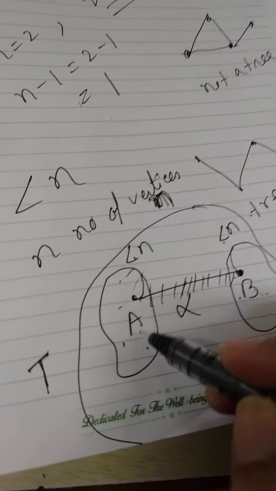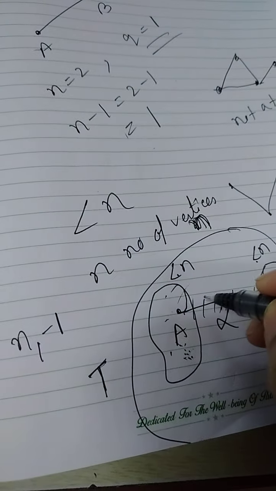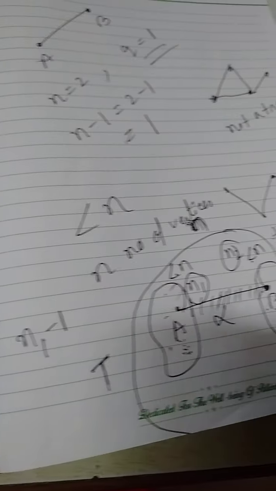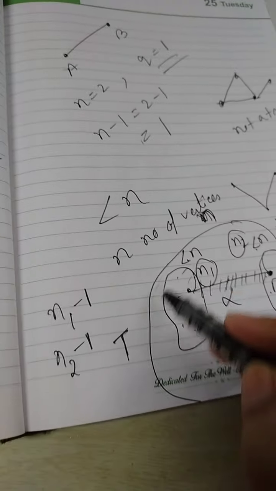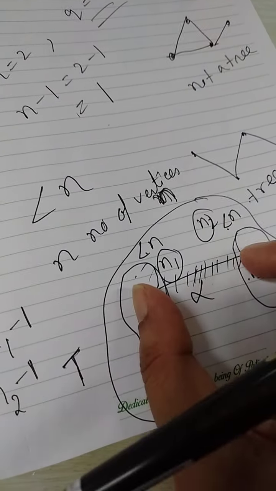So the number of edges of this graph is n1 minus 1. Suppose this contains n1 vertices and this contains n2 vertices. The number of edges of the other graph according to this theorem is n2 minus 1. So the total number of edges of the whole graph is n1 minus 1 plus n2 minus 1, and plus this edge, that means plus 1.